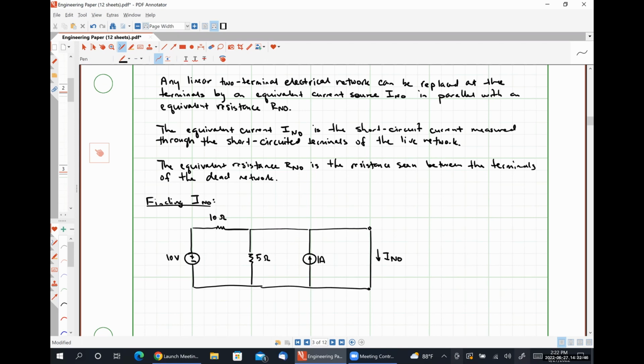All right, Justin. So using nodal analysis, I'm going to identify my nodes. So this is going to be one node. And this is my other node, okay?